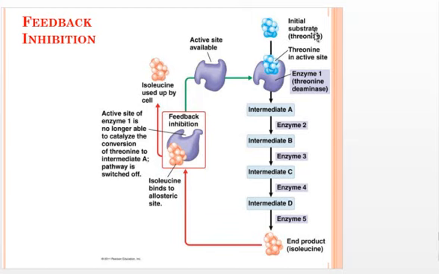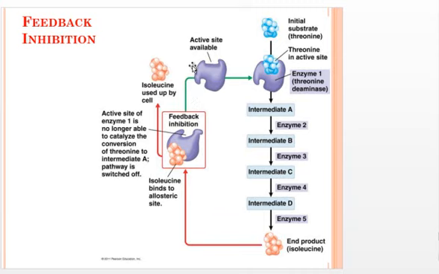So that's an amino acid. Threonine is also an amino acid. So this is the substrate. When the substrate comes in, it binds, then you get our intermediates, and then you get the product, which is isoleucine. So isoleucine can bind to this when there is no threonine present, and it will bind until it needs to be used by the cell.